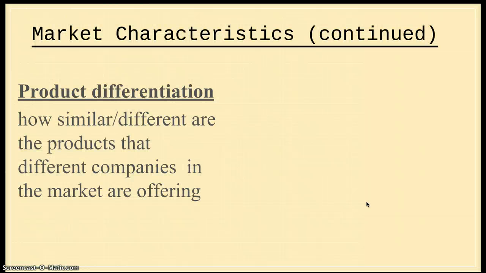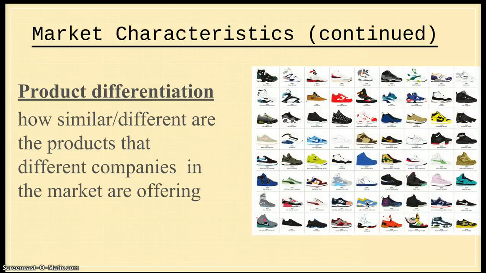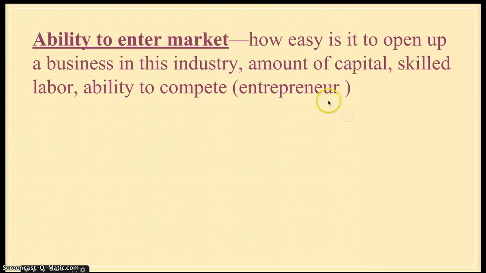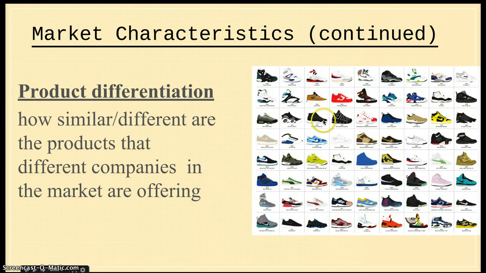The next thing I want to talk about is product differentiation. What this basically refers to is the idea that to determine a market, you have to look at how different the products in that market are. In other words, there can be some markets where the products may be very different, maybe really unique. Yet in other markets, like for example sneakers, the products honestly are very similar.